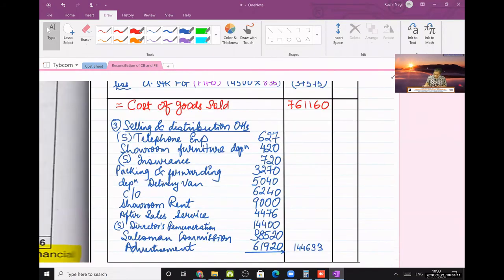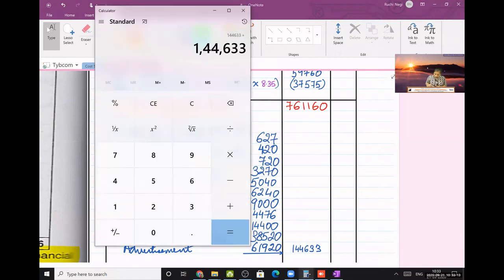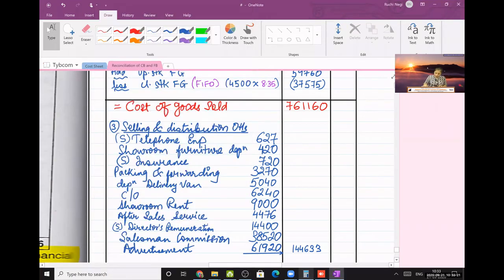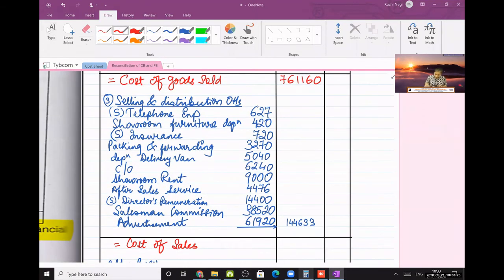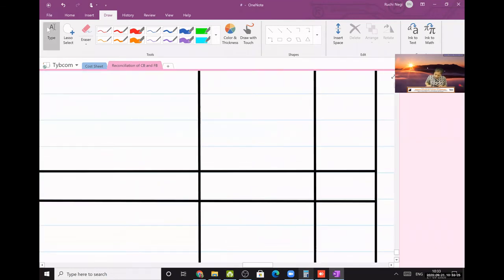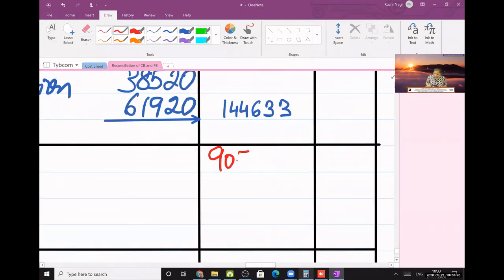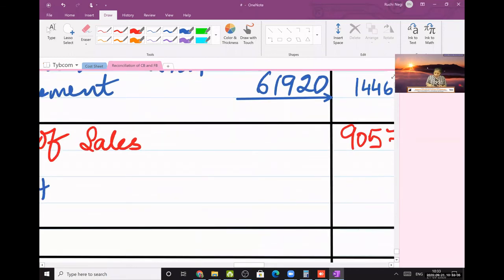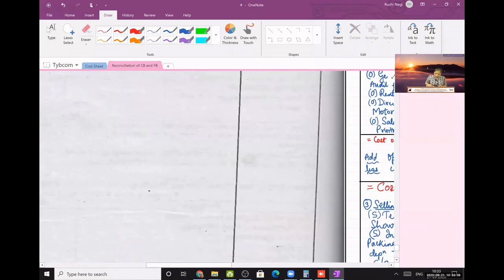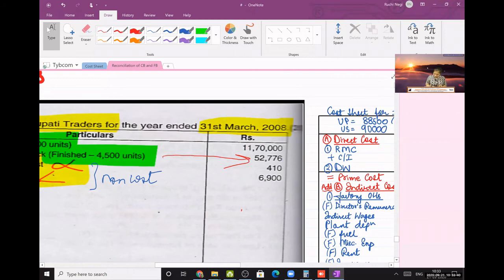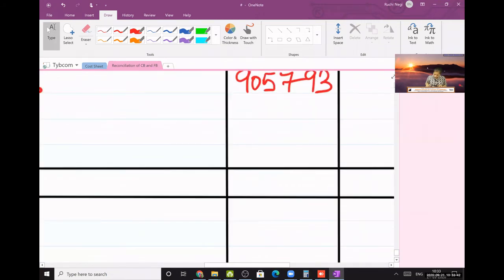Plus the previous total 7,61,160 gives 9,05,793. And sales is 11,70,000.